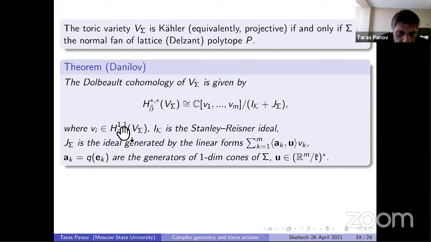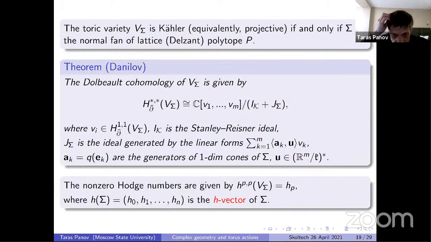You can write it down as a quotient of the polynomial ring by two ideals: one is the Stanley-Reisner ideal generated by monomials, and the other is generated by certain linear forms. This is the Dolbeault cohomology of the toric variety. And you can write down the Hodge numbers, as they're defined just combinatorially.